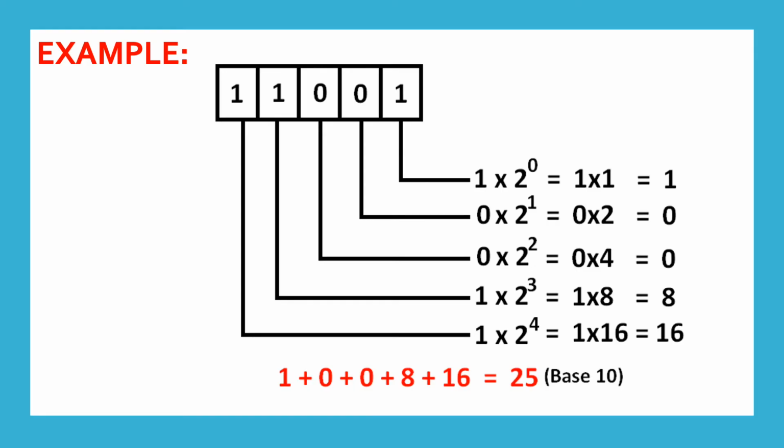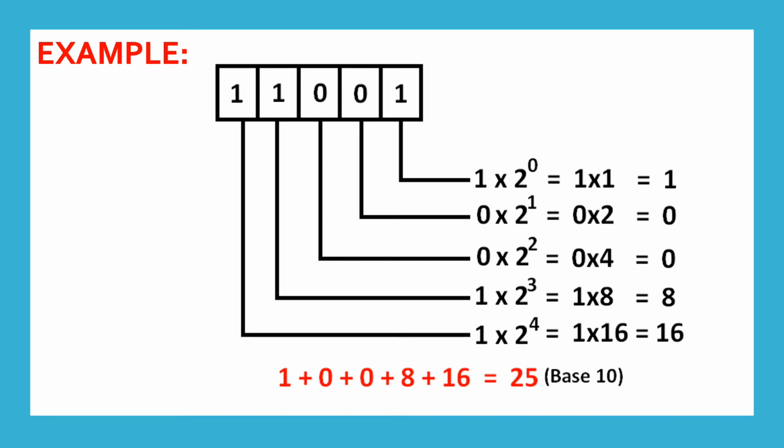This is an example of binary to decimal conversion. We have one binary number 1 1 0 0 1. We will start the conversion from the rightmost side. Means we will take this 1 as its positional value is 0, so that is why we will multiply this number by 2 raised to power 0.